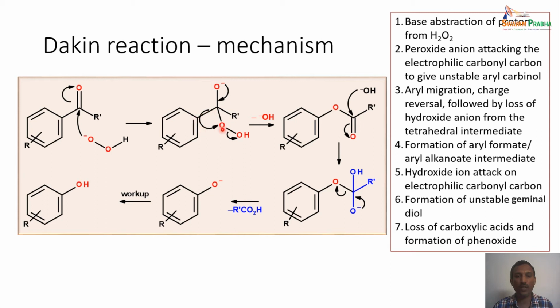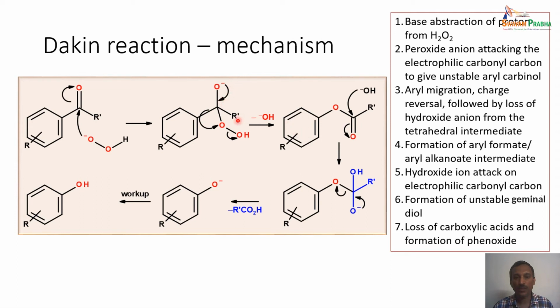During this process, the oxygen now will have three substituents, because there is carbon attached here and another oxygen attached here, and if this phenyl group is also attached to this oxygen, the oxygen becomes trivalent, which is quite unstable. So this OH group leaves as an OH minus group, as shown here.